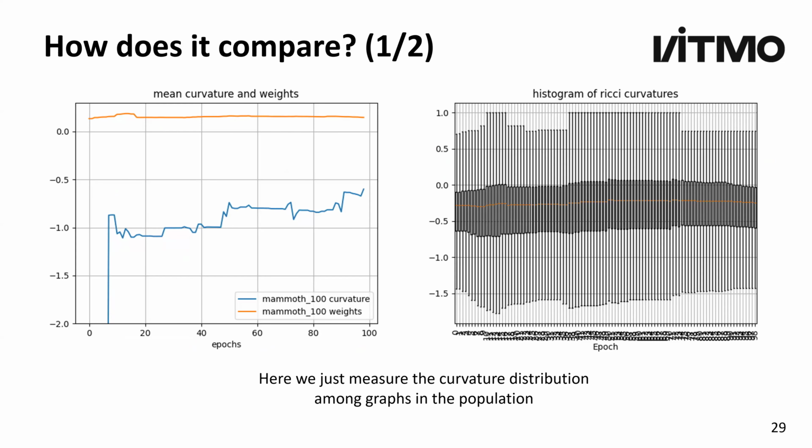To compare our approach with the Ricci curvature, you could see that I show some plots. We measure Ricci curvature distribution over all runs of our algorithm, and in topology, we know that the sign of curvature is really of essence for a manifold.